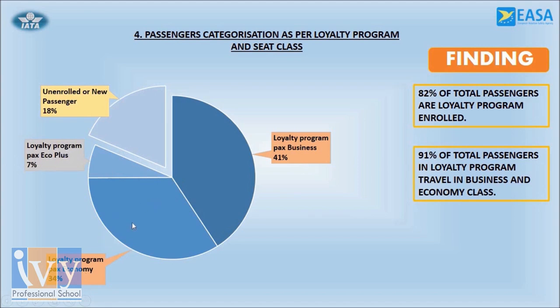Since these two are the major chunks, they come to 91% of the total passengers within the loyalty program. 91% of the passengers in the loyalty program choose to travel in business or economy class. And that's why these two categories are taken as the major category of the passengers.